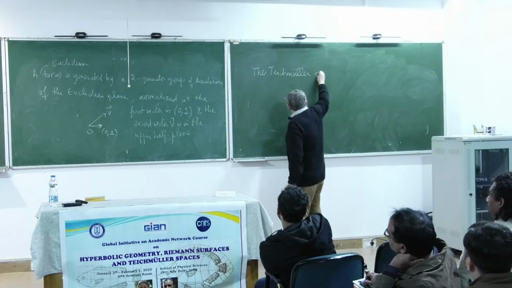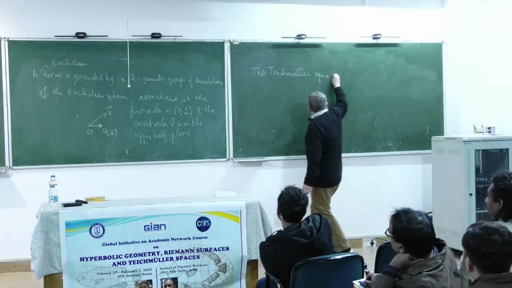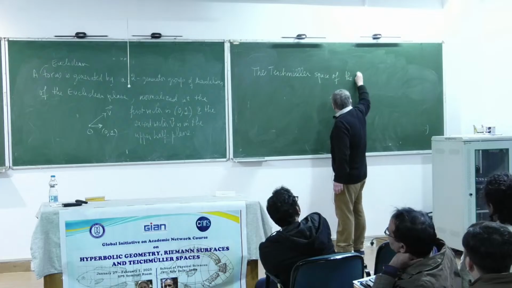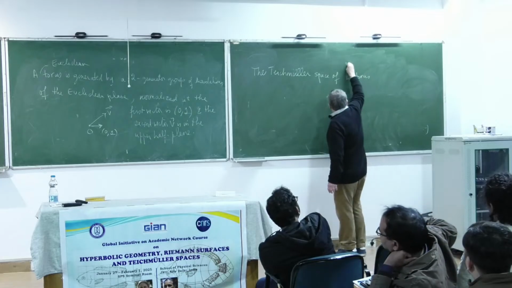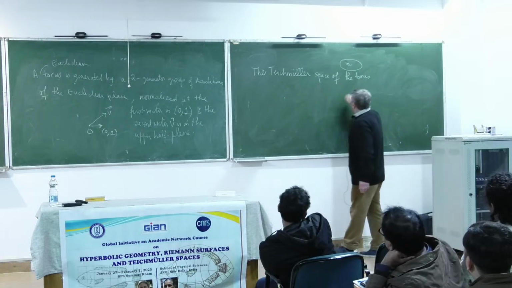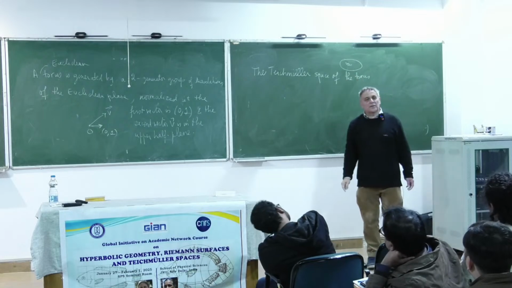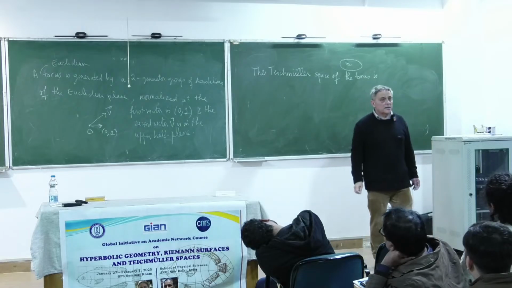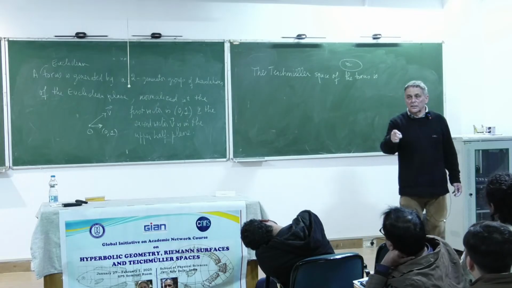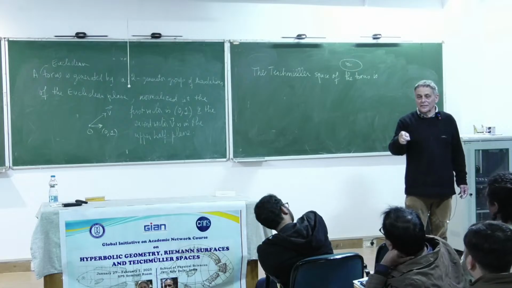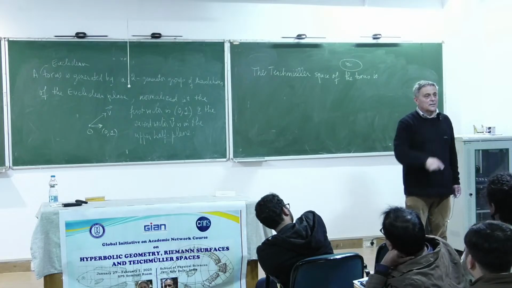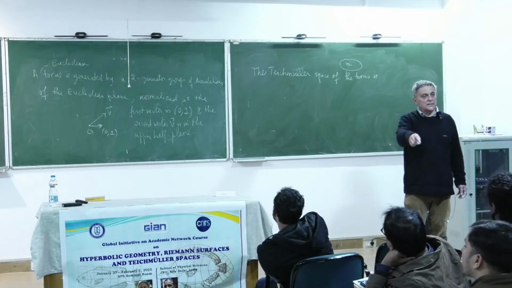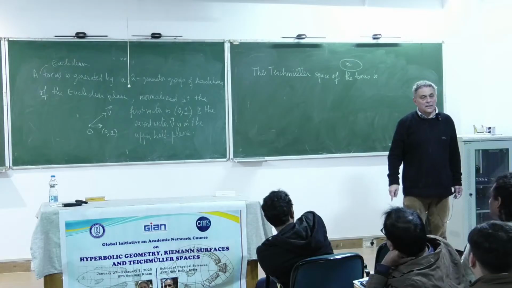The Teichmüller space of the torus, that is this topological surface. What should I write here? Somebody said something? Upper half plane. Yes.